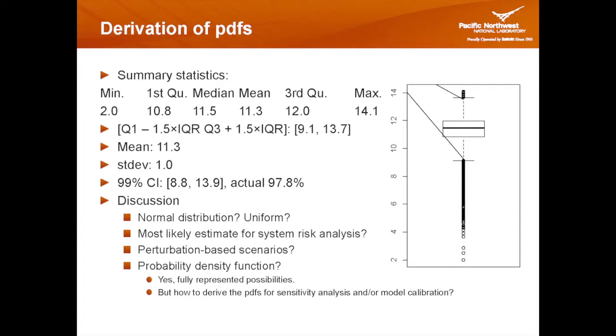Anyway, the message I want to deliver here is don't always just use the mean value or standard deviation. In this case, it's 11.3 and 1.0. Why is it problematic? Because if you use the mean plus minus 2.57 standard deviations, you get a 99% confidence interval.